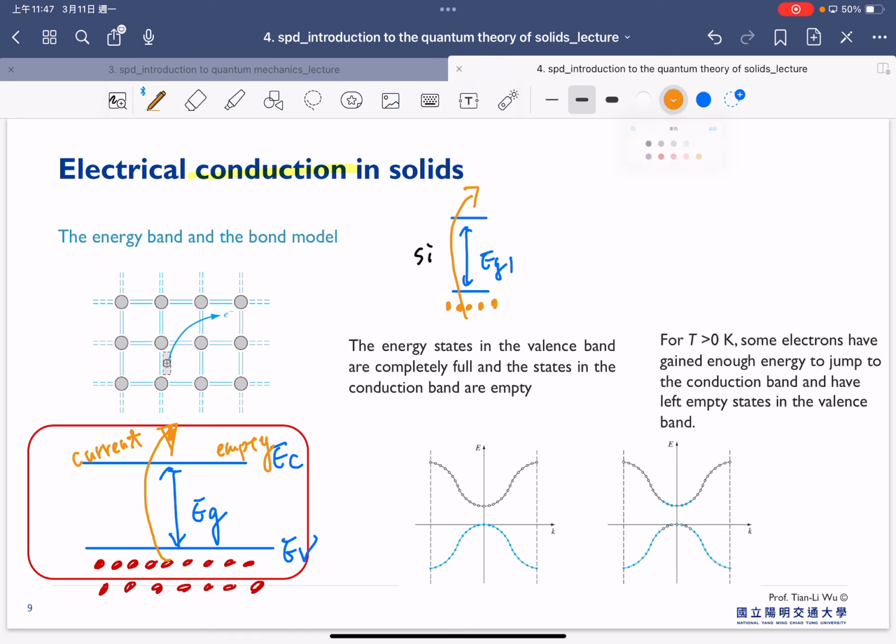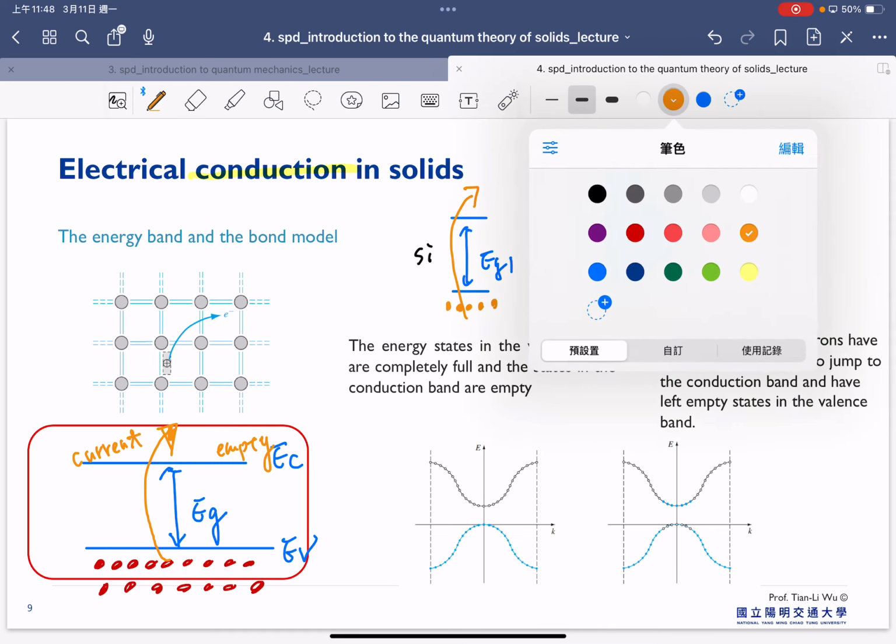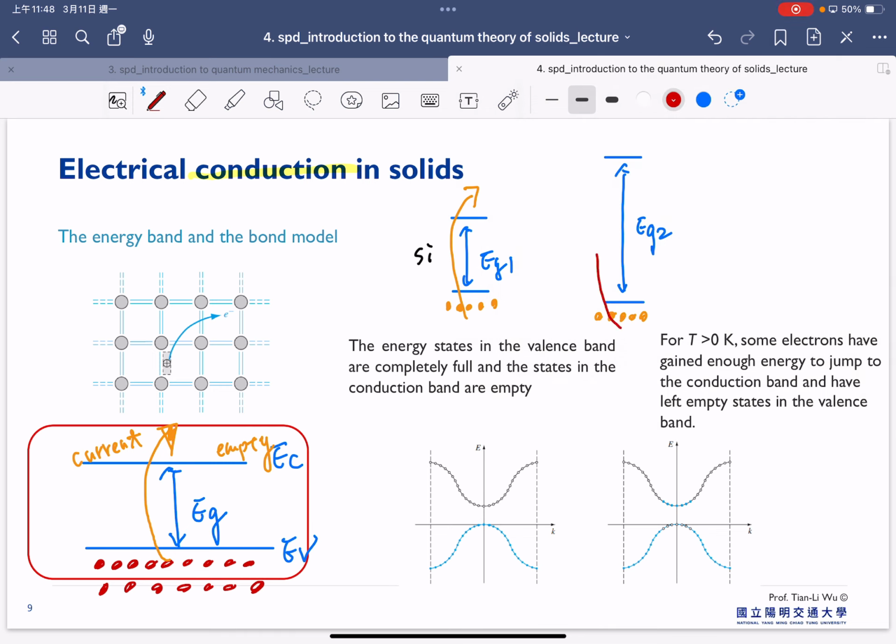But now, if we have another material with a larger band gap, and again the same conduction would like to happen, that means this gap needs to be overcome to reach the conduction band.